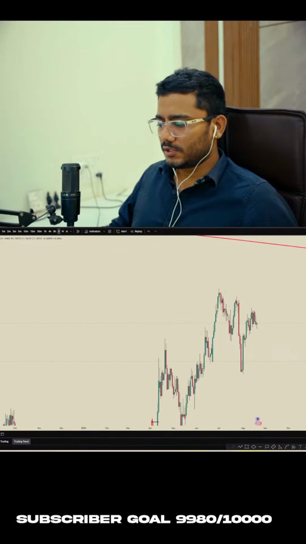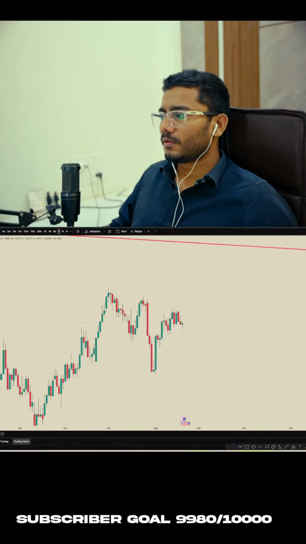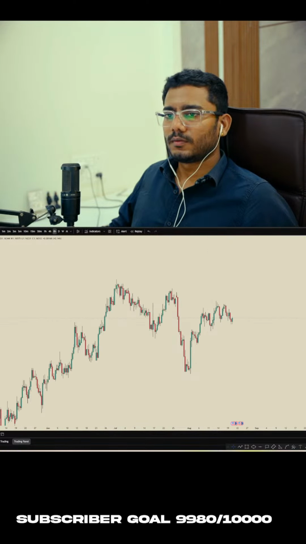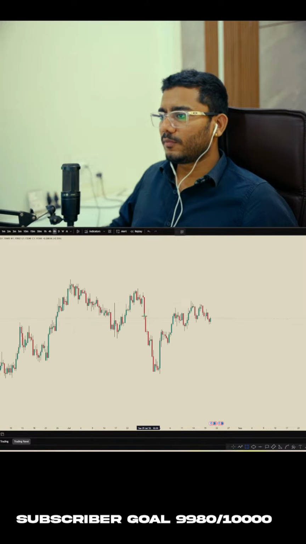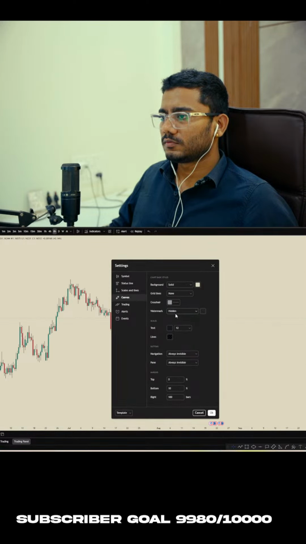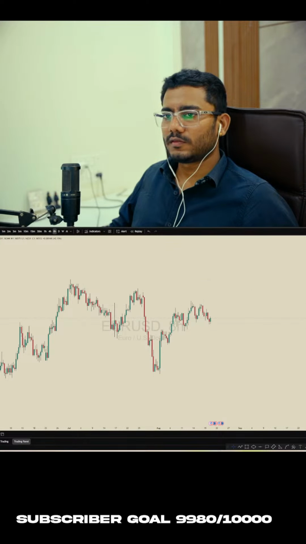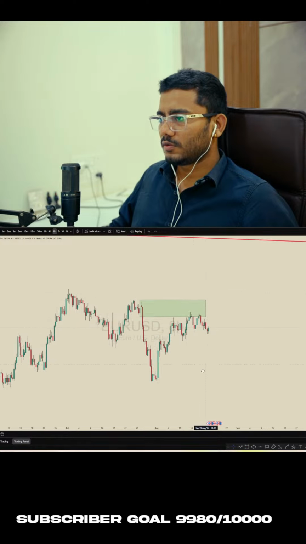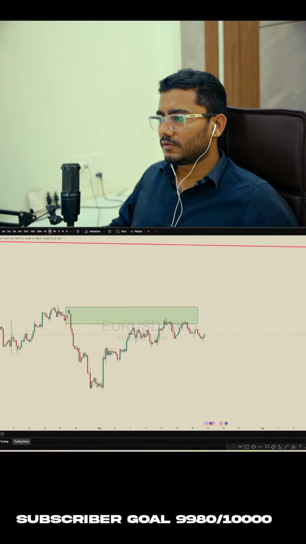Let's look at Euro USD. On the daily time frame, on 8 hours, price has tapped this order block and it's continuing to the downside.